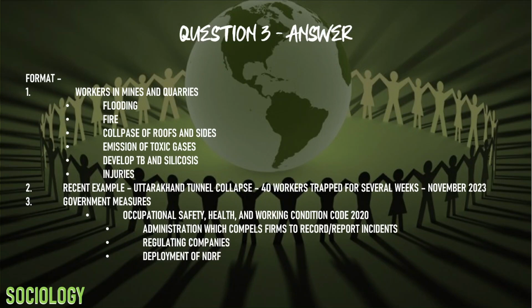We also have the Administration Committee, which can regulate these firms and ensure that they're complying to the government regulations and standards stipulated. And lastly, in certain cases, we can also see the government deploying the National Disaster Relief or Disaster Response Force, which occurred in the Uttarakhand tunnel collapse as well.